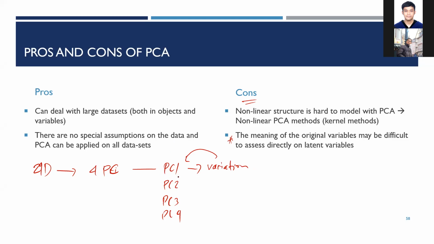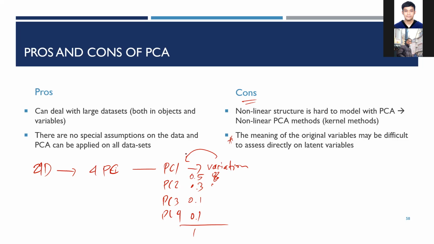Let's say for example PC1 has 0.5, PC2 has 0.3, 0.1, 0.1. Of course, in total they make one, in percentage.